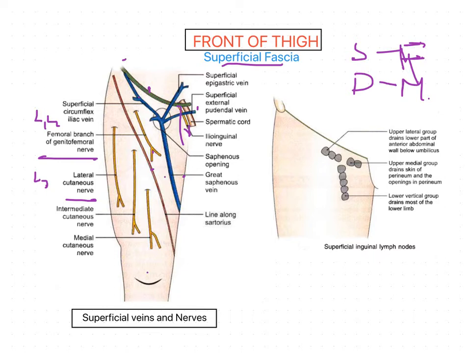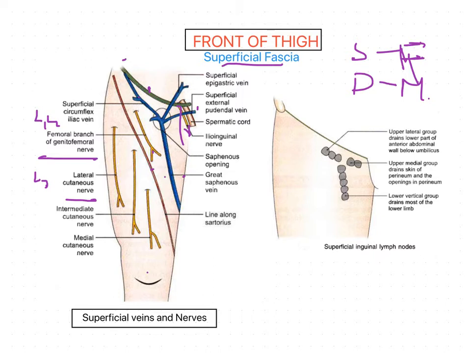Okay, next one is the saphenous nerve, which is a branch of L3, L4, a posterior division of the femoral nerve. It supplies the skin on the medial side of the leg and foot up to the ball of the big toe.